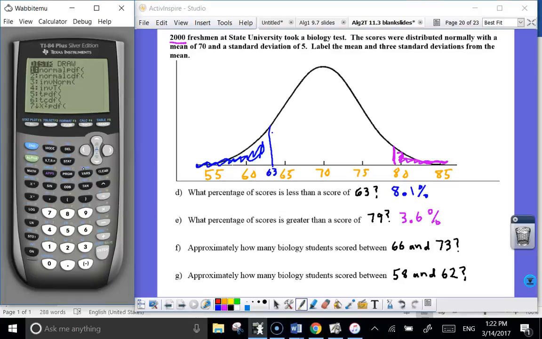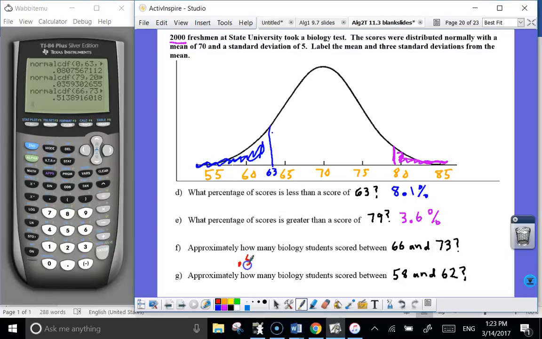The lower is 66, the upper is 73. The mean is 70, the standard deviation is 5. Okay, so the decimal that I'm reading off here is like 0.514.